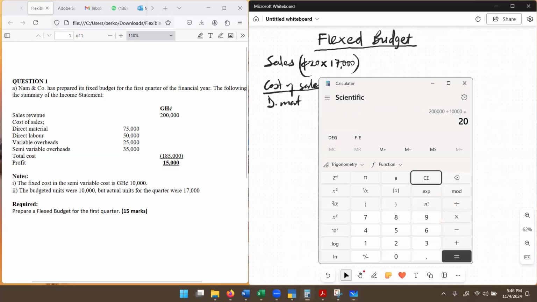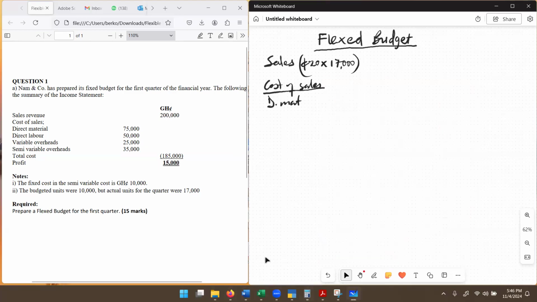So the same thing, we divide 75,000 by what? The original activity level of 10,000. We get 7.5. So 7.5 multiplied by the current activity level of what? 17,000.